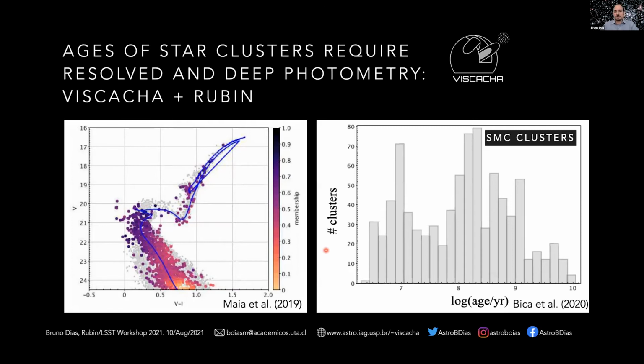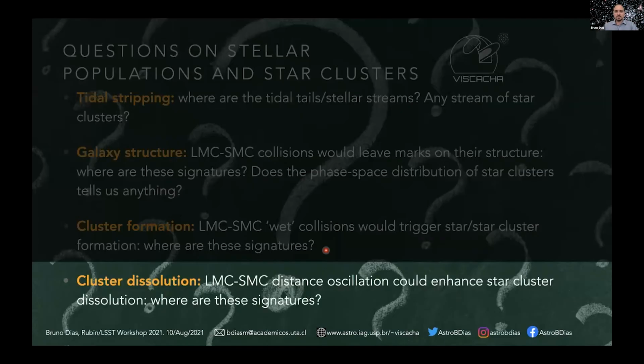On the right, you see already a histogram here of star cluster ages by the BICA catalog, but this is heterogeneous. You need to have homogeneous and accurate ages to have a proper trace of a burst of star cluster formation at a given period, and trace this along with simulations to see if it coincides with some close interactions between SMC and LMC.